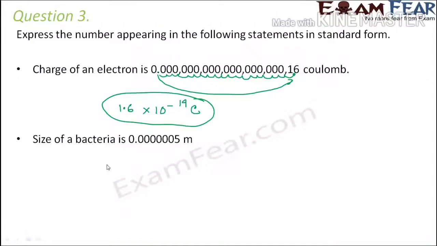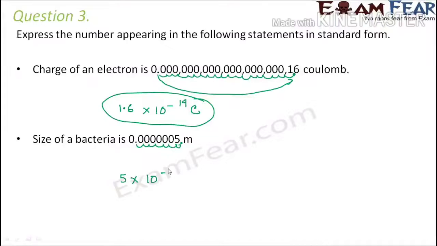Second one is size of a bacteria is 0.0000005. So for this, in standard form, what is the number that you would need here such that the number lies between 1 and 10? So that number would be 5. So you want the decimal point to be here so that it becomes 5 into 10 to the power minus how much? 1, 2, 3, 4, 5, 6, 7.